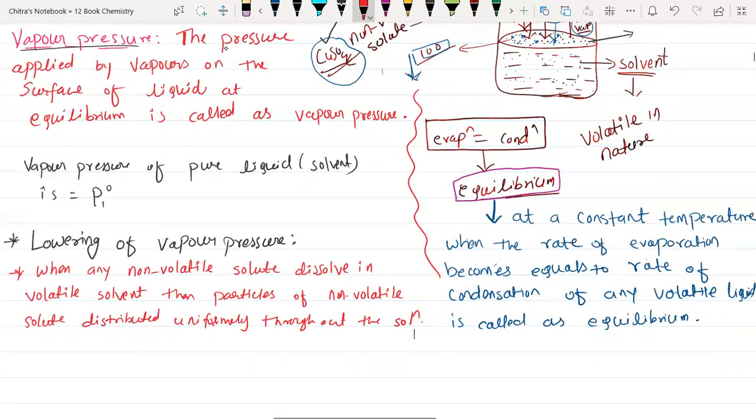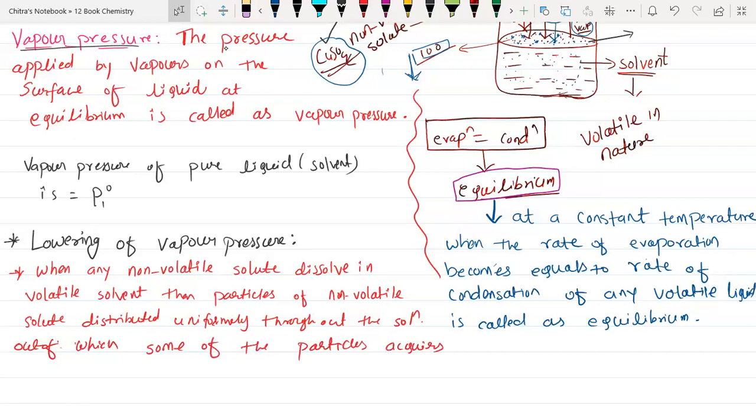Out of which some of the particles acquire space on the surface also, right, due to which the number of particles of the volatile solvent decreases, right?